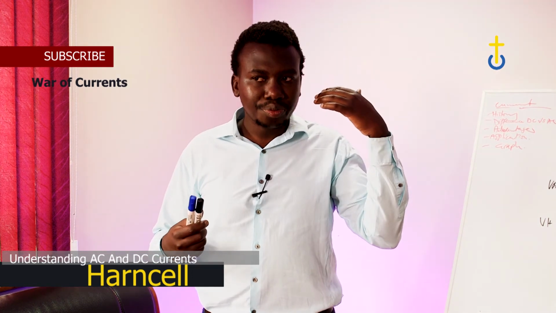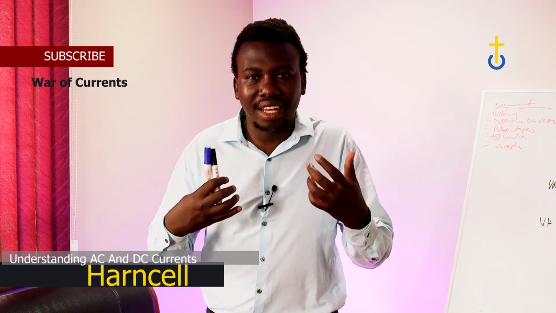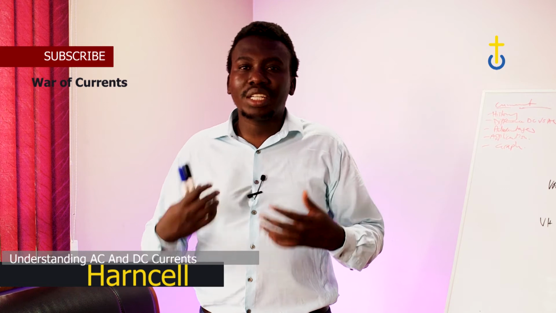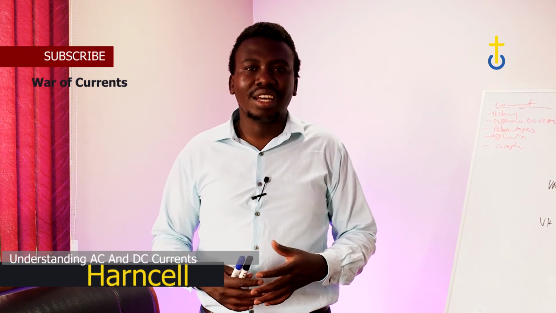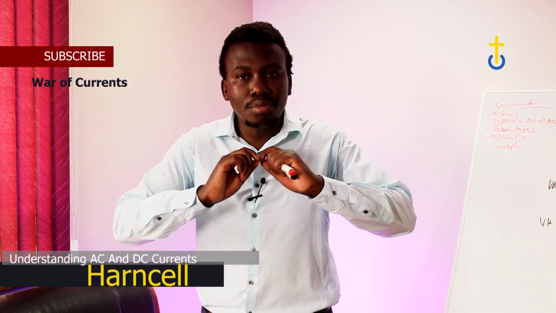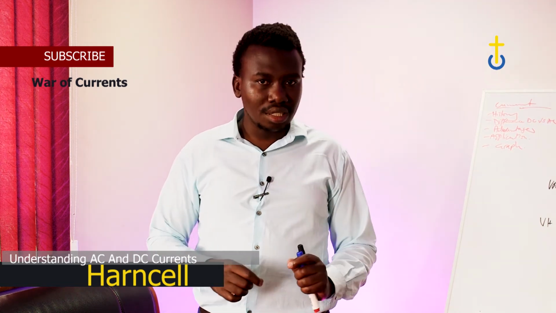To bring down Tesla and his AC power. He even goes to the extent where he invents equipment to electrocute animals to demonstrate to people that AC power is dangerous. The negative side of AC power is that it was dangerous. True. AC power is more dangerous than DC.